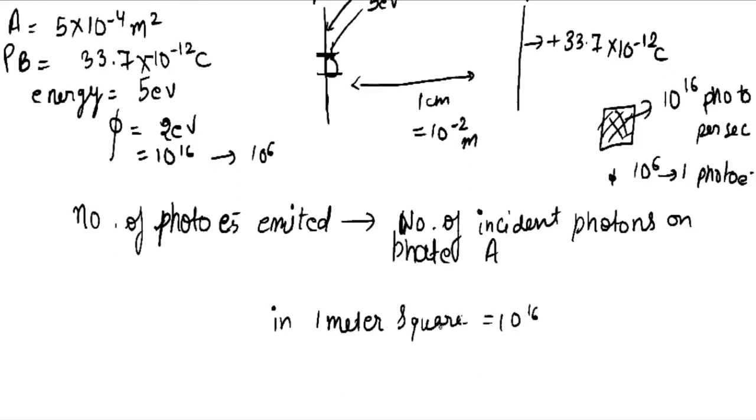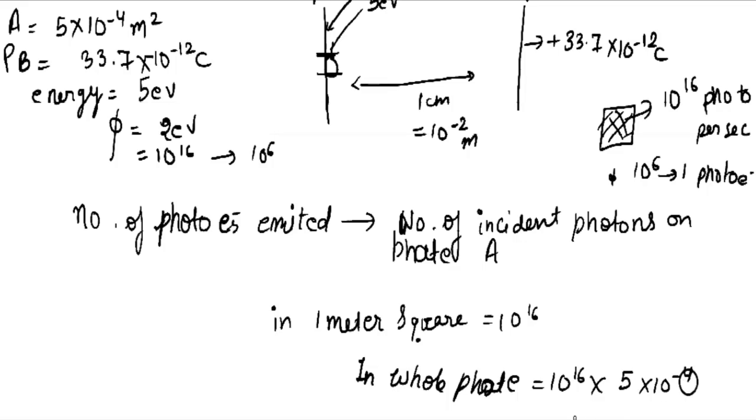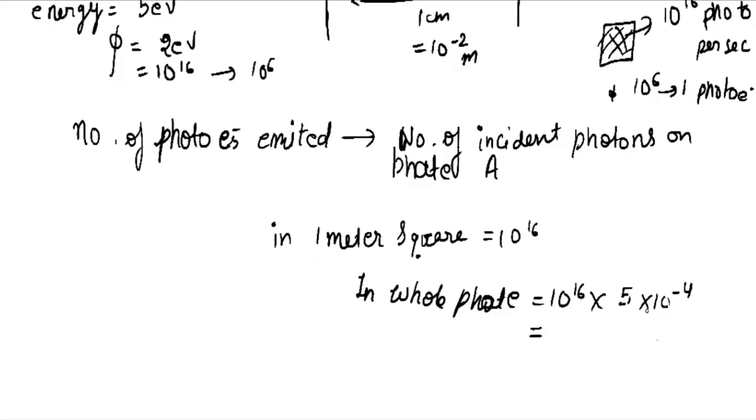So in the whole plate, 10 raised to the power 16 into 5 into 10 raised to the power minus 4 electrons will fall.